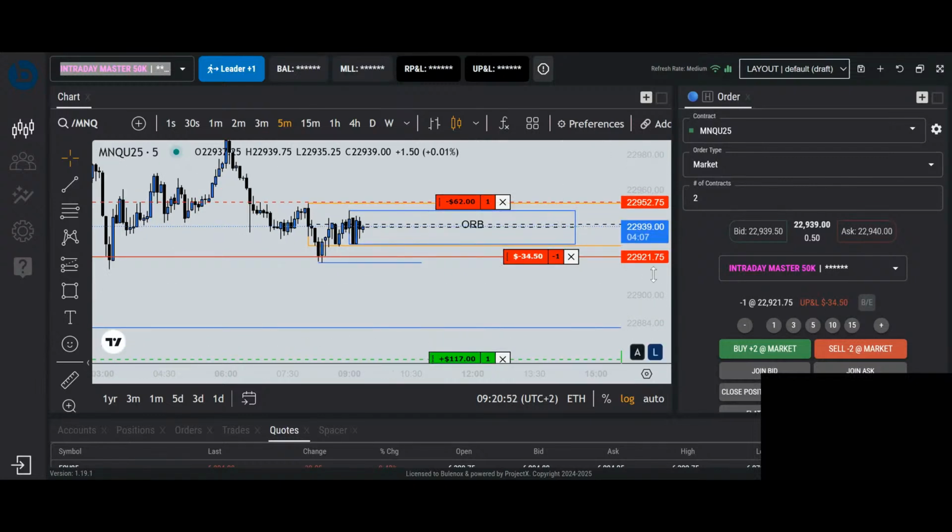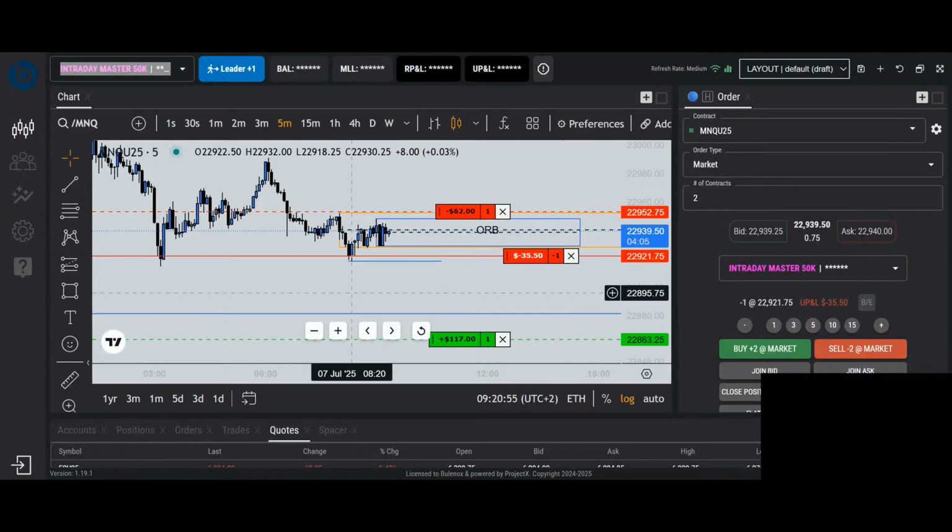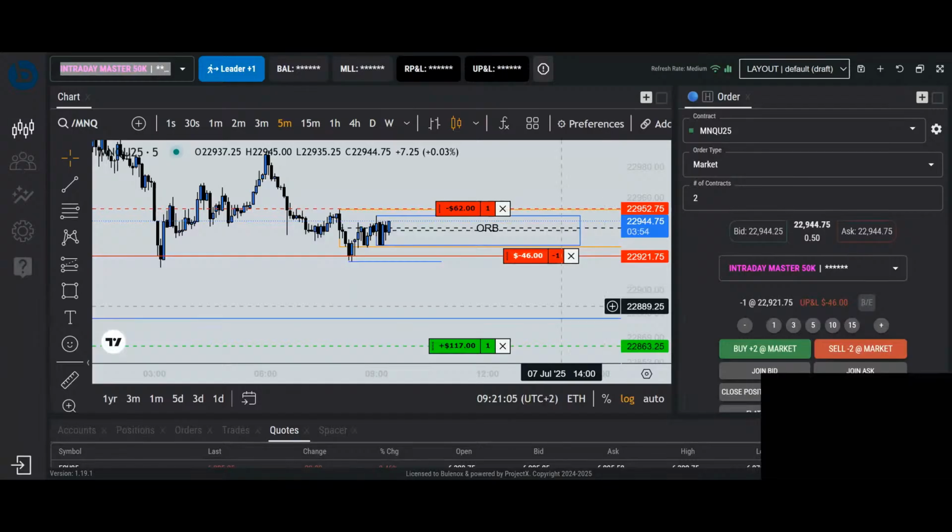But for now, we can all be patient. If we get taken, it's less than a half hour, people, so it's okay. It's just a trade like another.